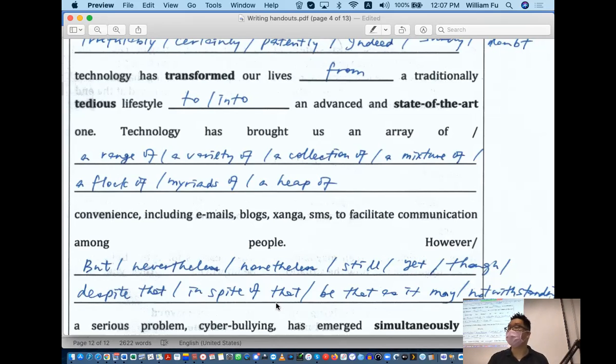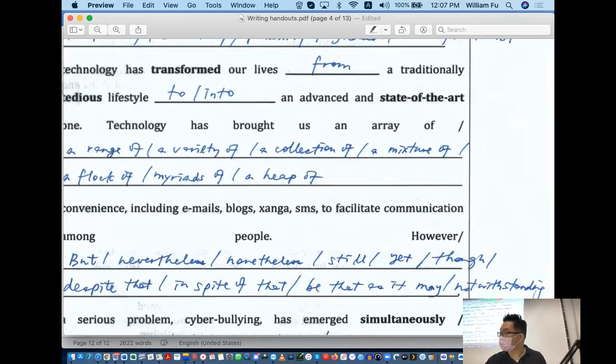And the last one, notwithstanding, which is one word. All this means what? But, however. Notwithstanding, one word. I'm sure you can spell it.